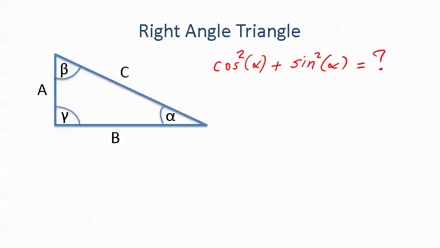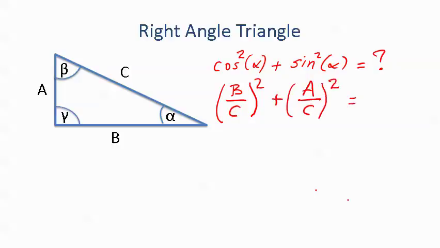Earlier, we defined the sine and the cosine for angle alpha. So the cosine turned out to be b over c, and then we take a square. And the sine was defined as a over c, and then we take a square.